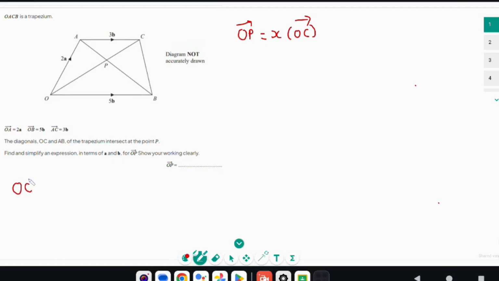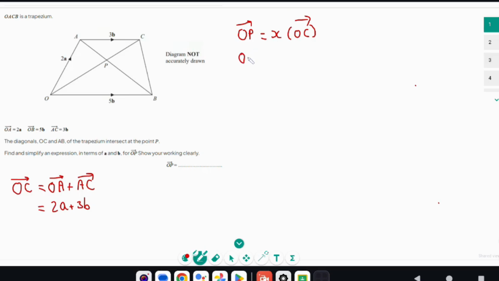OC is OA plus AC. So that's fairly straightforward, 2a plus 3b.